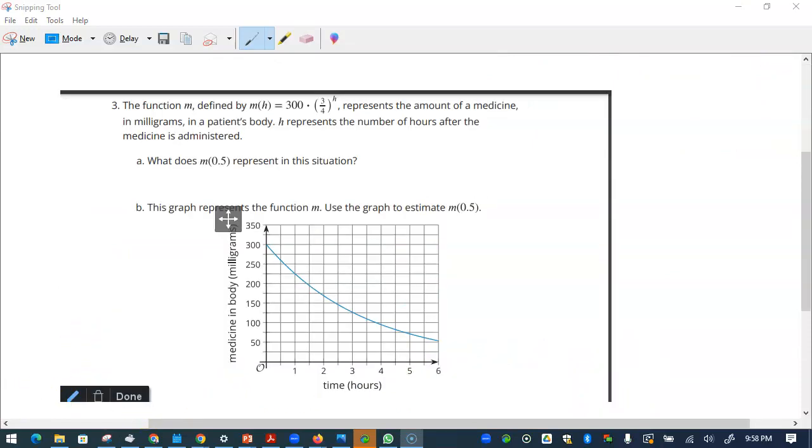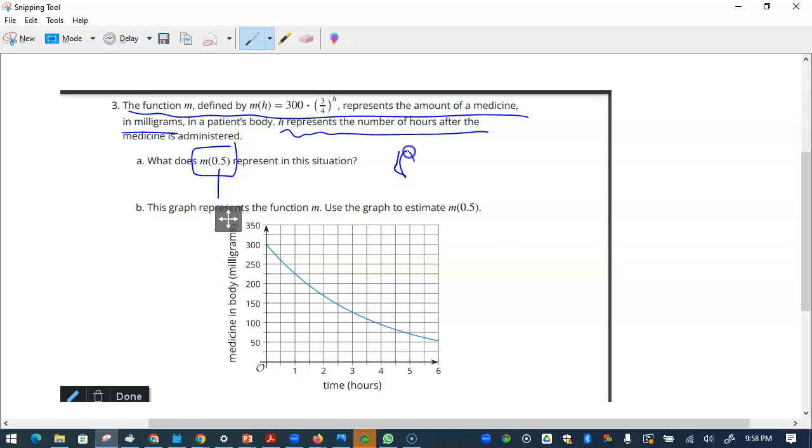Okay, the third question is about a patient in the hospital who is given medicine in milligrams, and how much medicine is remaining after 8 hours. I wanted to read this question, and they're asking what this means. The input is 0.5.